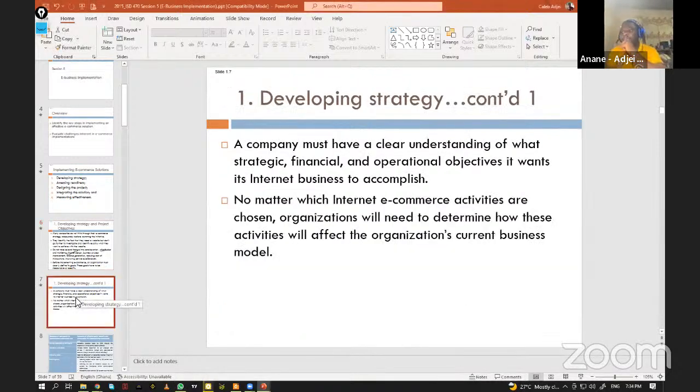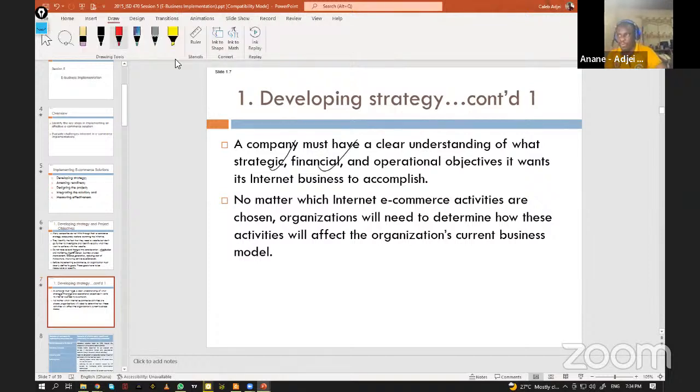a company must have a clear understanding of what strategic, financial or operational objective it wants its internet business to accomplish. What strategic function do you want it to achieve, or financial goal, or operational objective? So financially, are you trying to reduce a certain amount of costs?